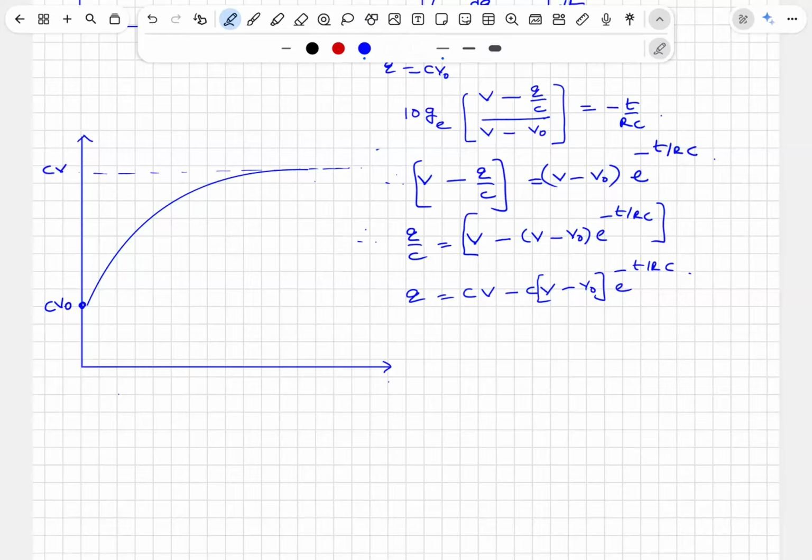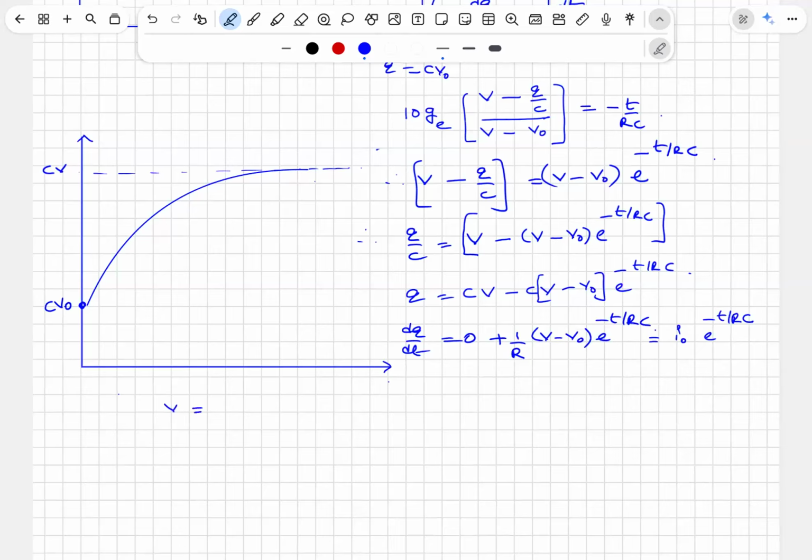Even the same thing you can get by differentiating this: 0 plus 1 by R times (V minus V naught) times e to the power of minus t by RC. Here I naught is (V minus V naught) by R. So what is the potential drop across the capacitor?